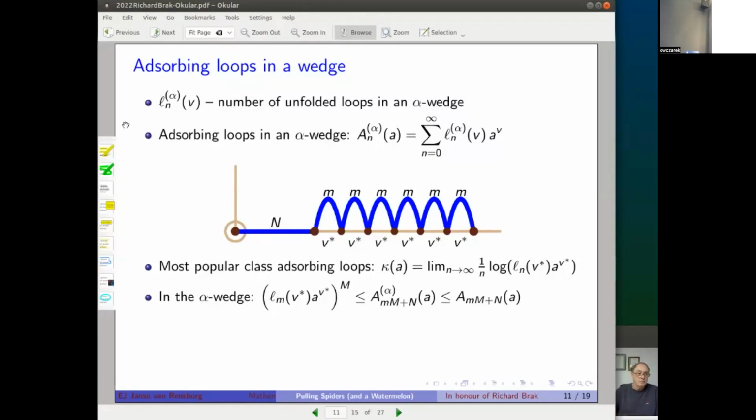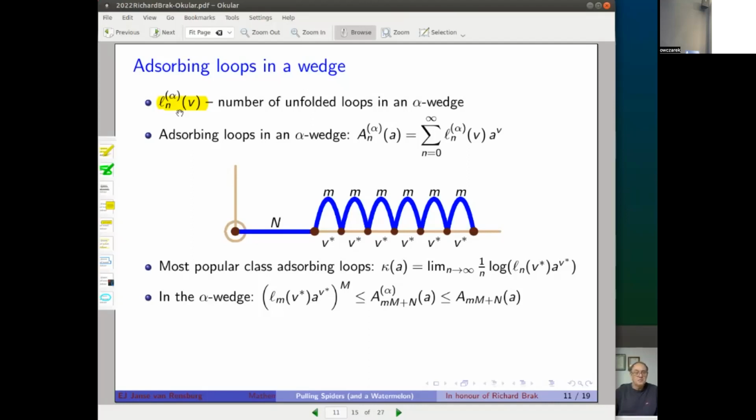The important thing we need to know is the number of adsorbing loops inside what I call an alpha wedge. So this is a wedge which looks like a pie slice, or a cake slice more properly, where the loop is attached at the origin, which is at the vertex of the wedge, and then it goes inside the wedge and then ends again in the bottom plane of the wedge.